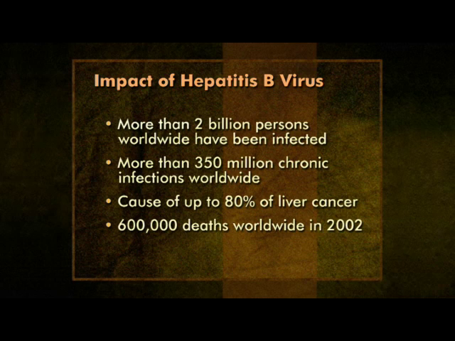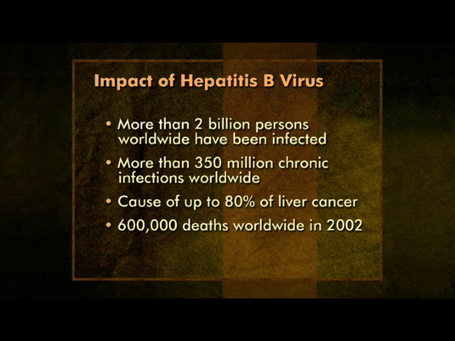Hepatitis B is a disease of massive proportion. More than 2 billion persons worldwide have been infected with HBV, and more than 350 million persons have chronic lifelong infection. There are estimated to be more than 1 million chronically infected persons in the United States. Most chronically infected persons are not aware of their infection.